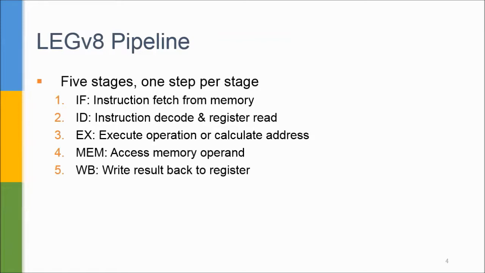In step 2, we read registers and decode the instruction. In step 3, we execute the operation or calculate an address. In step 4, we access an operand in data memory if necessary, and in step 5, if we have any data, we write the result into memory or into the register.